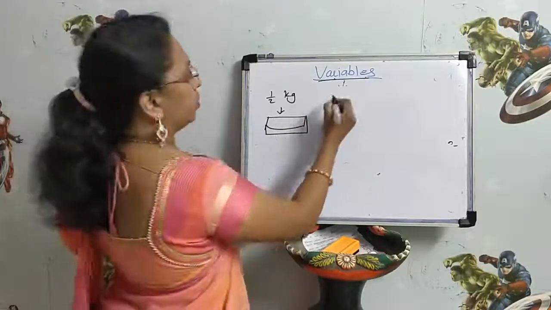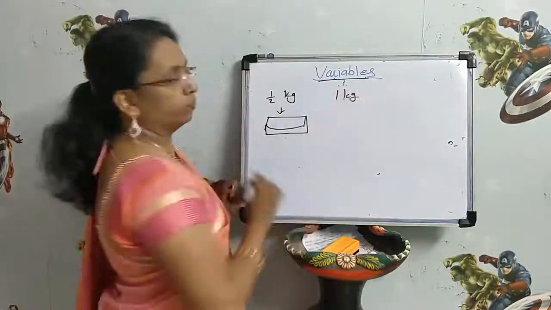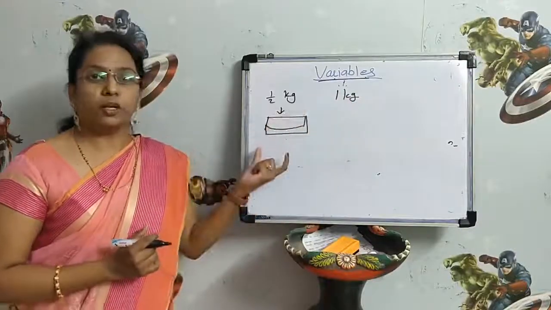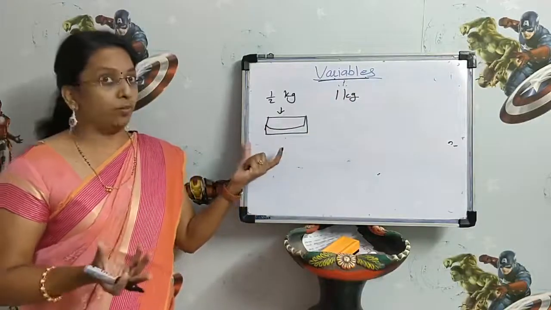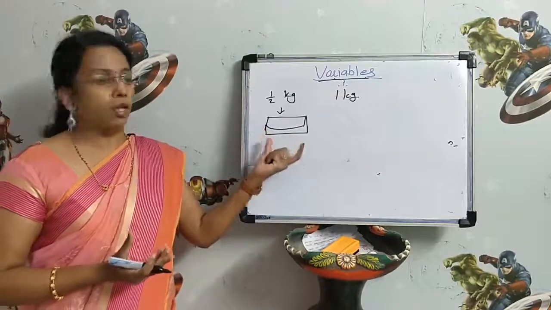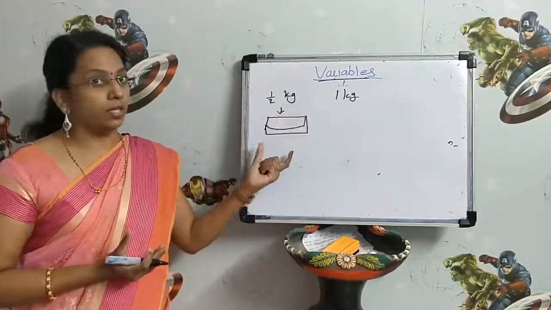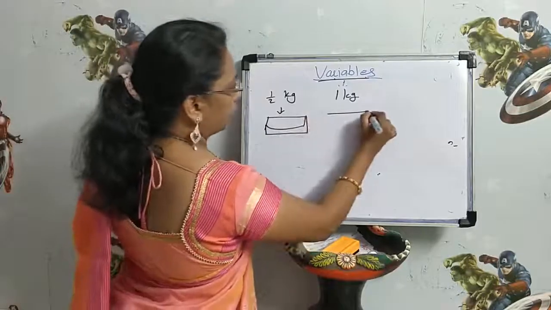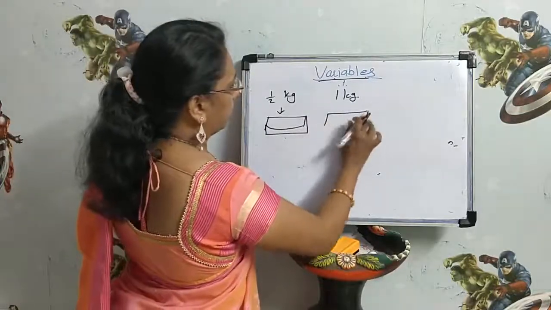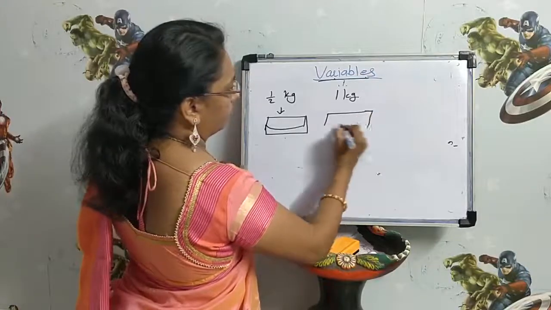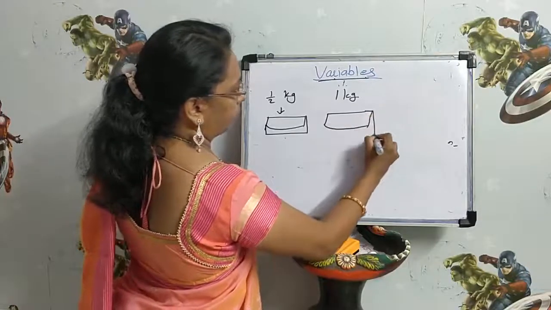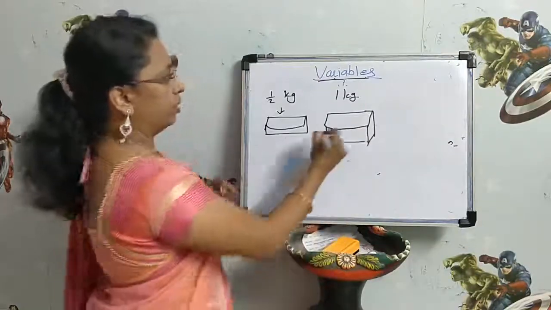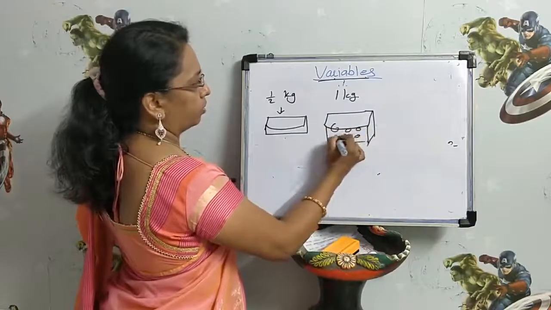Now suppose you have 1 kg of laddu. Can you store it in the same box? It's not possible, right? This box is small. You need something bigger than this. So I have another, bigger box where you can store the laddus.